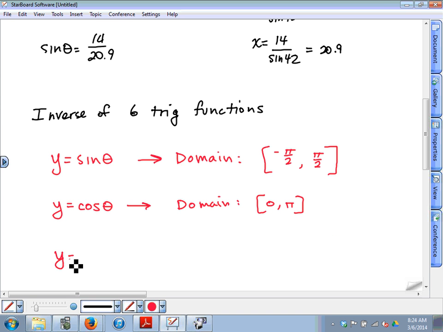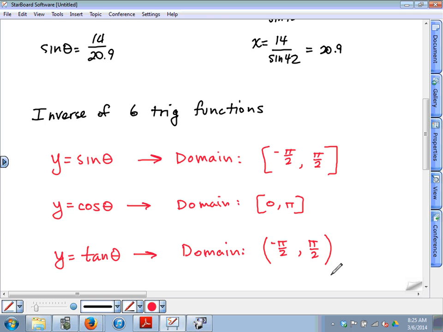Tangent. Y equals the tangent of theta. We restrict the domain. Now look carefully. It's parentheses, negative pi halves to pi halves.